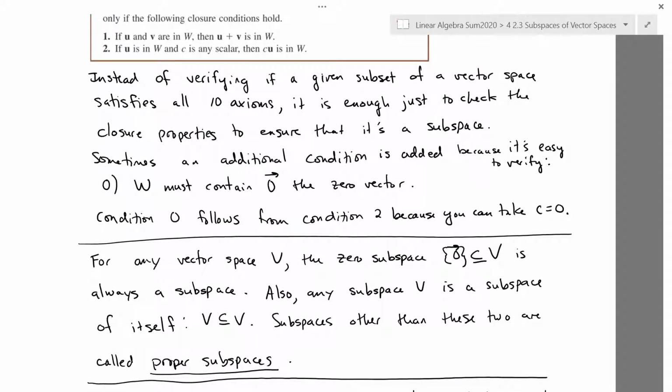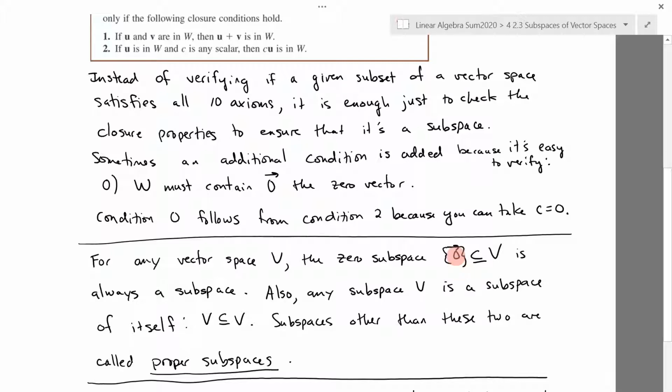Two simple examples of subspaces for any vector space are the zero subspace and the vector space itself. The zero subspace is just the vector space that only contains the zero vector. And this is always a subspace, because the zero vector added to itself is always the zero vector, since that's the only thing you can add.